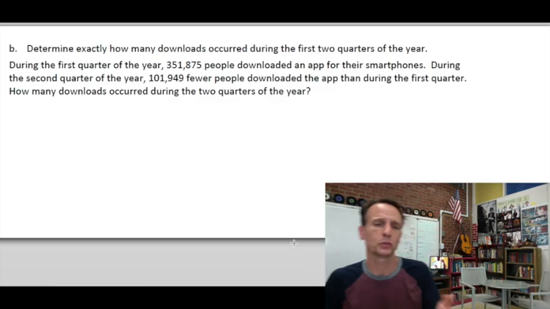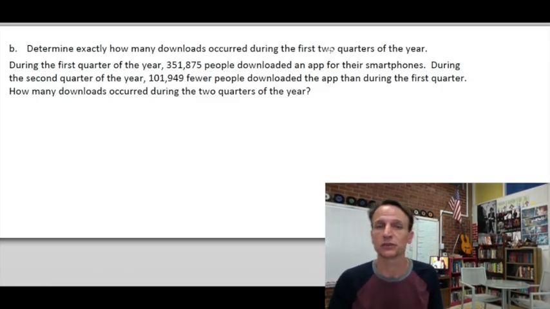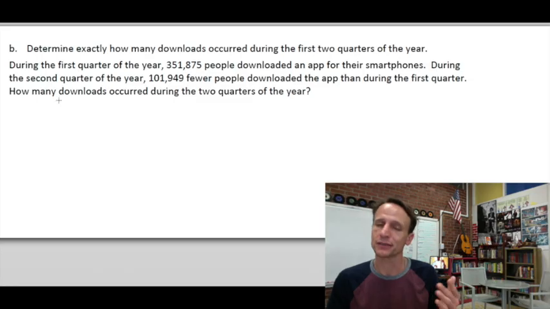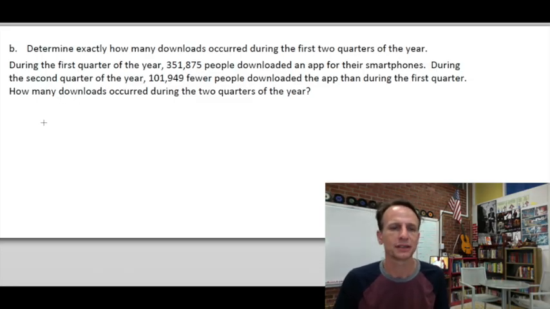All right, here in 2B, you see I pasted in the question from up above. You have it before you. So now we want to determine exactly how many downloads occurred during the first 2 quarters of the year. So now we have to deal with the real numbers. But that's why we took the time to understand it and draw that little tape diagram, as complex as it was, just so we can know what we're doing.